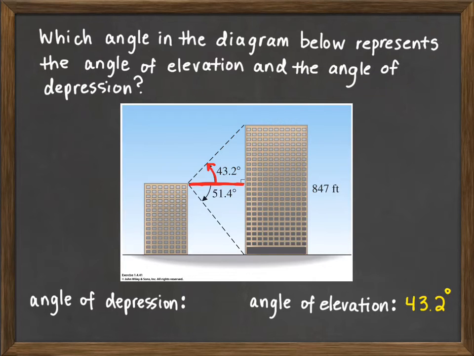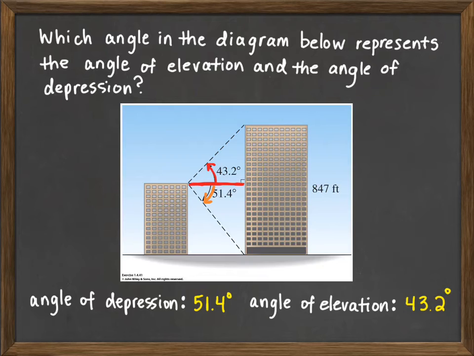Similarly, the angle that's measured downward from the horizontal is this angle here, and that has a measure of 51.4 degrees. So we have identified the angle of depression and the angle of elevation just by looking at a diagram, and that's going to be something that's important to know how to do.